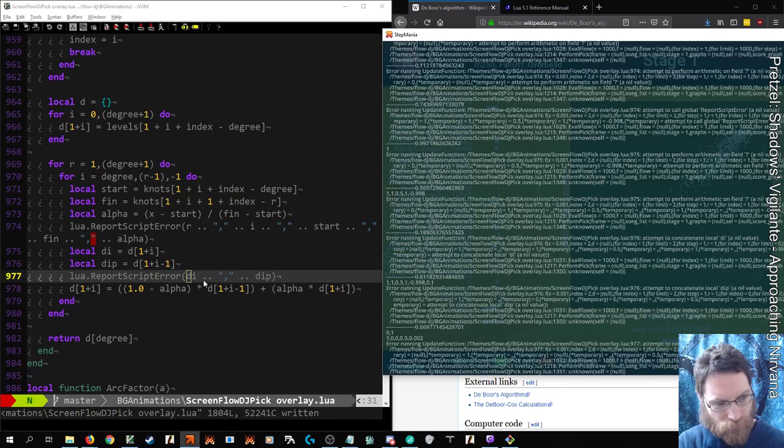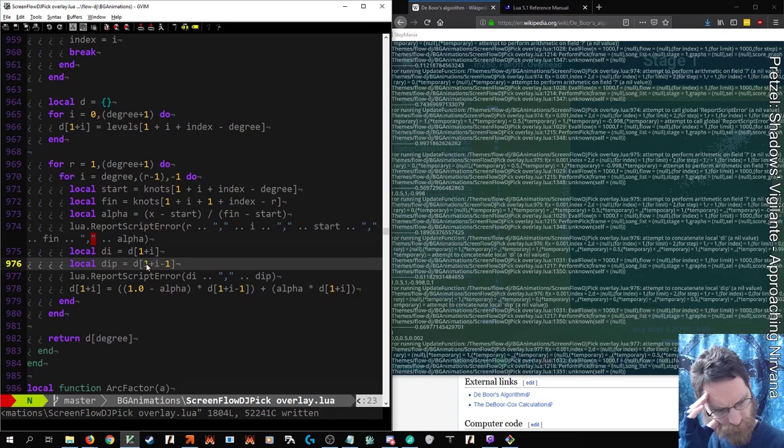Attempt to concatenate dip a nil value. So I is going. Oh, I is 0. 1 plus 0. And the previous 1 plus 0 minus 1 is 0. So just offsetting this stuff by 1 doesn't do it.